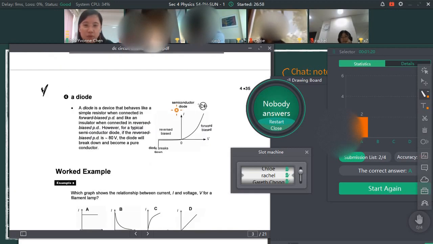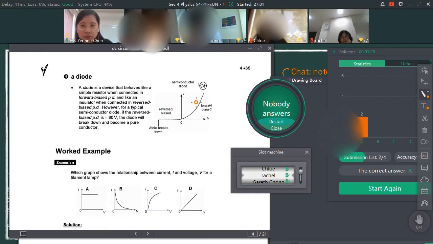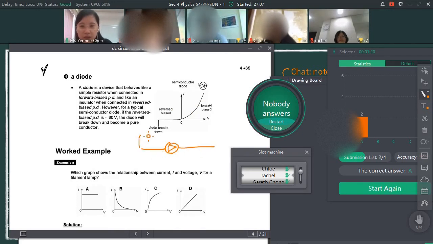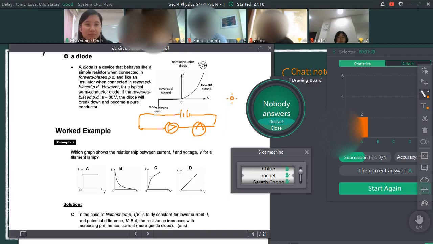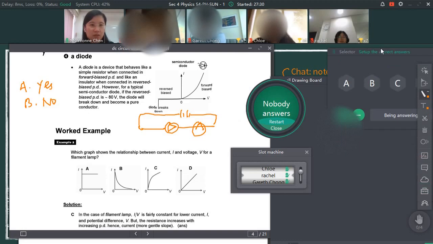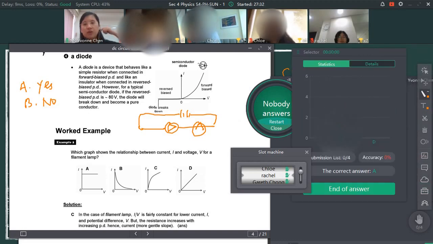Okay, so we talk about the diode. For the diode, you need to understand, for example, we have a current flowing in this way. I'll draw the circuit. If I put an ammeter here, is there any current? A is yes, B is no. Okay, is there any current? For the diode, we talk about it in current electricity.